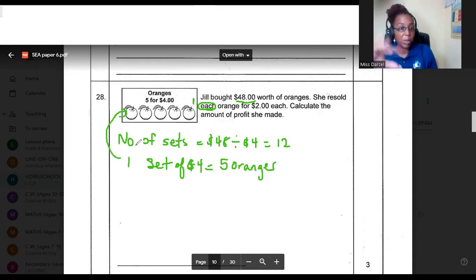So this is one set here: 5 oranges for $4. One set of those costs $4, but they're 5 oranges. So if she has 12 sets of those, you're thinking set 1, 2, 3, 4, 5. But we're not gonna draw all of them out, we just do this division here.